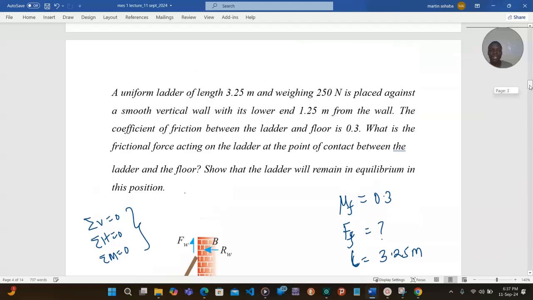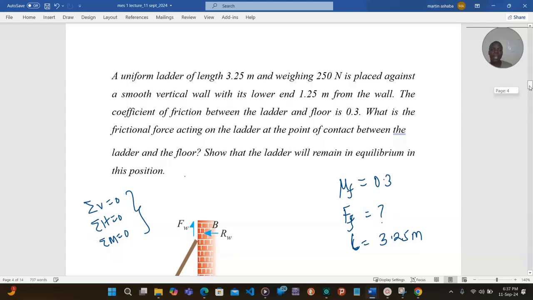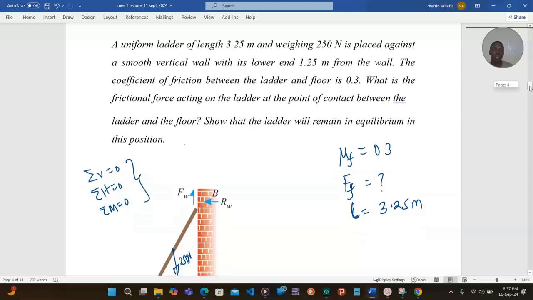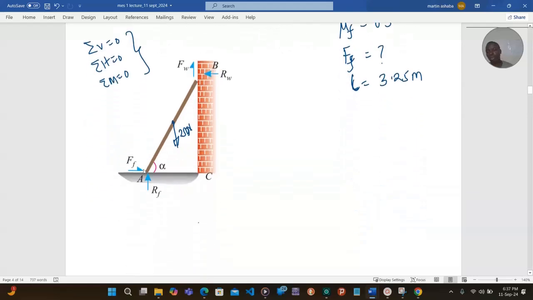We are told that it is weighing 250 newtons, placed against a smooth wall with its lower end 1.25 from the wall.